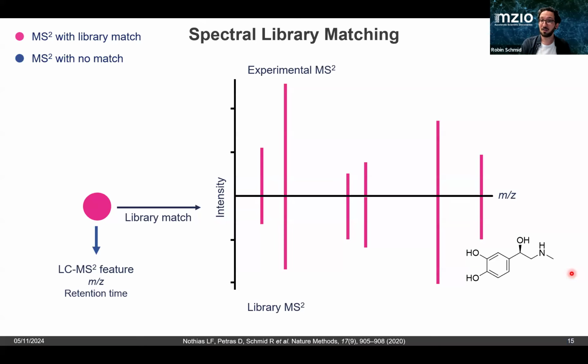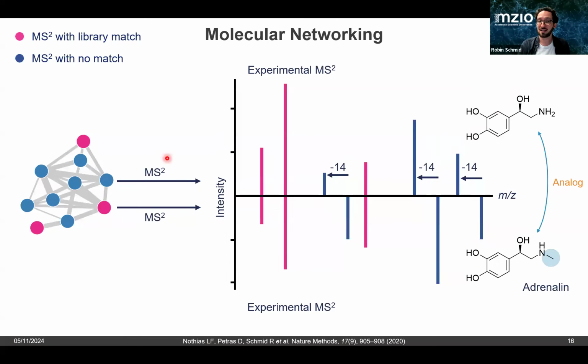A match is usually done by spectral similarity. If all the different signals match and their intensities match, the cosine similarity is going to be large enough to be annotated. Similarly, we also connect in the network with a very similar concept based on modified cosine similarity.